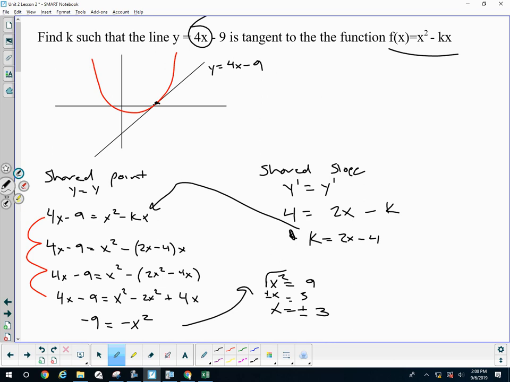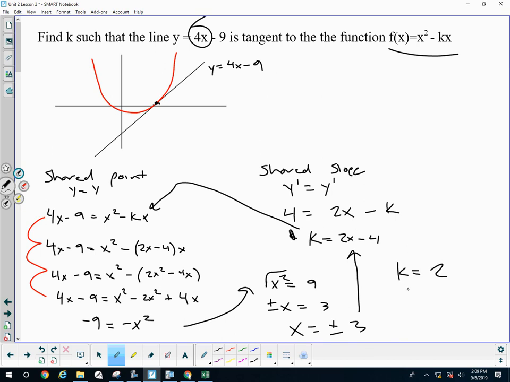The square root of 9 is just 3, but it's important that the square root of x squared is where the plus or minus comes into play, right here. That's not our answer, though. We wanted to find k. K equals 6 minus 4, which is 2, and negative 6 minus 4, which is negative 10.